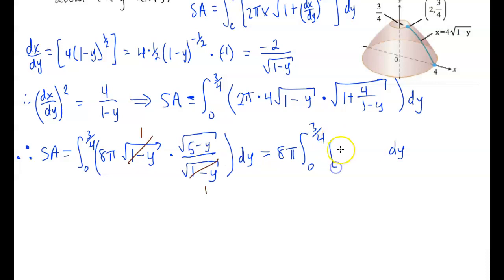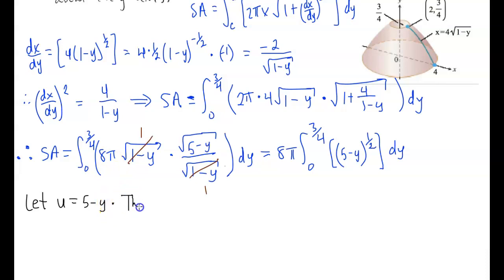So we'll say here, this is 5 minus y, all that raised to the 1/2. Okay, and then from there, this looks like a simple substitution rule type of problem. So from here, we'll go ahead and say let, and I'll use u. Let u equal 5 minus y.